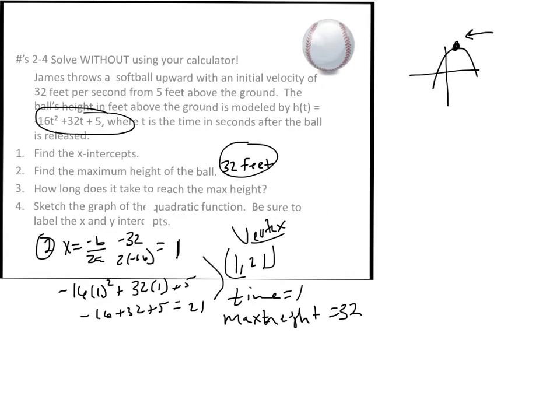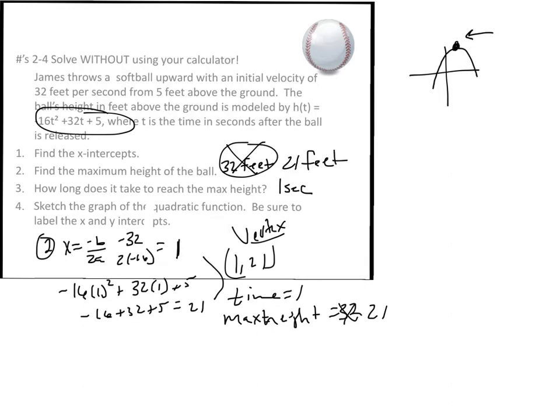We obtain that by looking at the vertex. I apologize, it's not 32, it's 21. Then how long does it take to reach that max height? Well, if the x value is 1, it takes 1 second for us to get there.